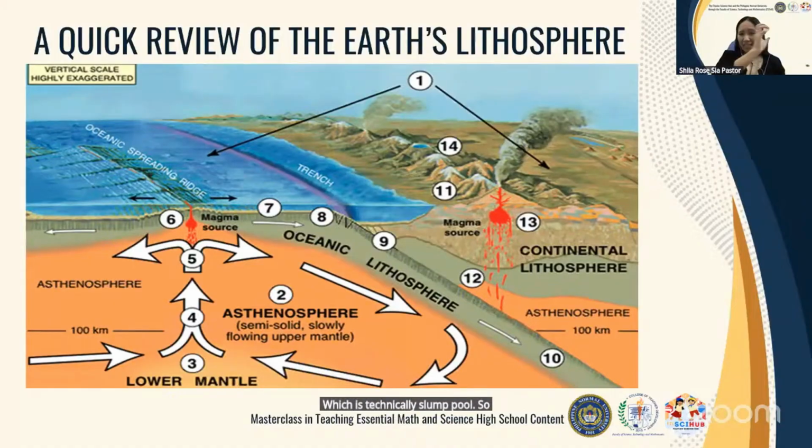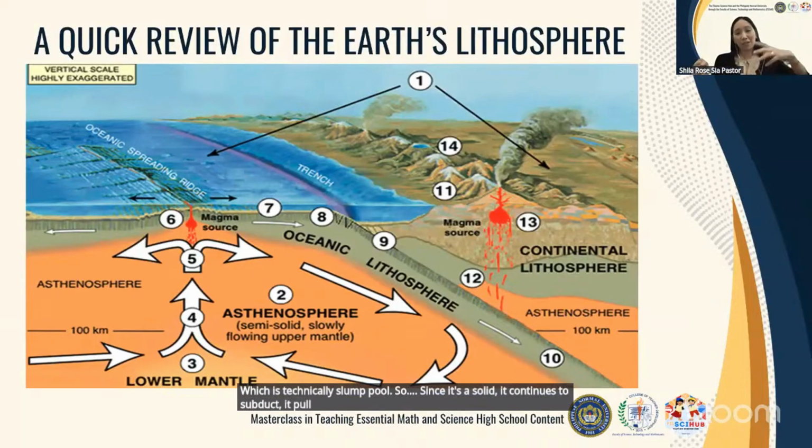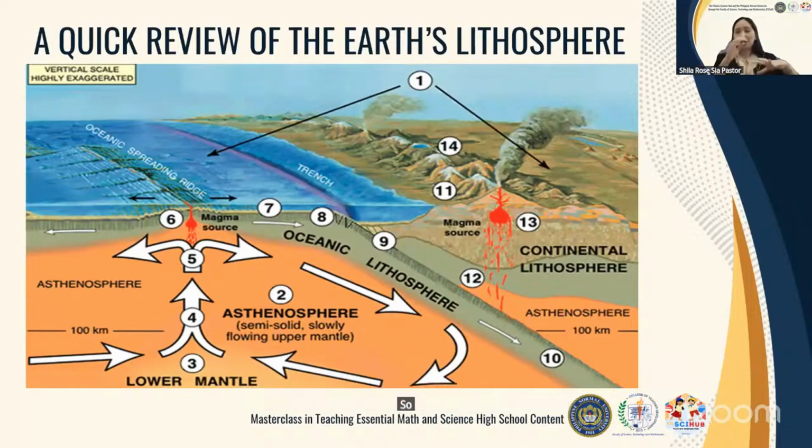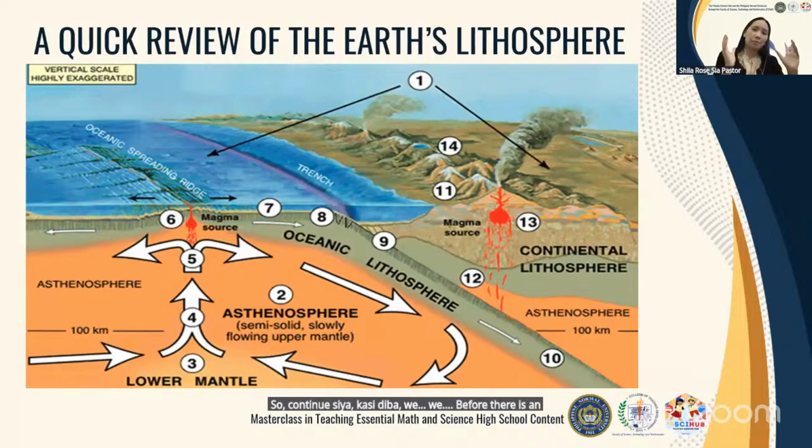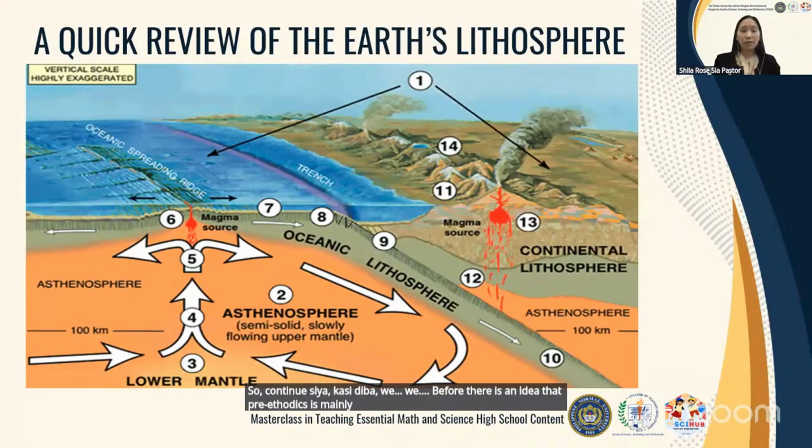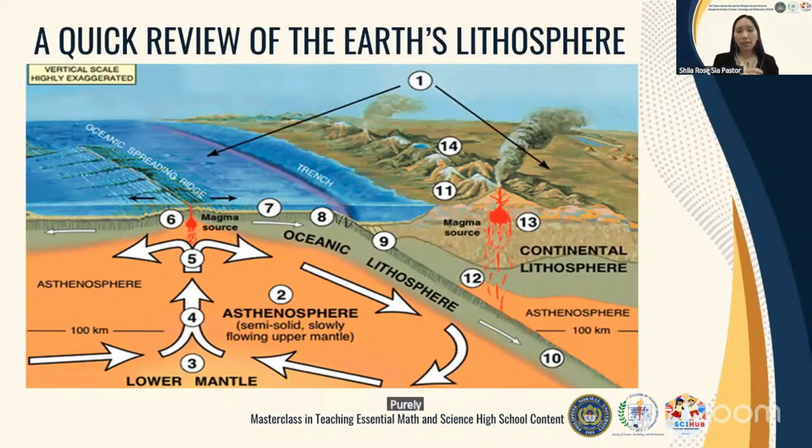Since it's still solid, it continues to subduct and pulls on the rest of the material. Before, there was an idea that plate tectonics is mainly driven by the convection current. It is not purely convection current. You need those additional two forces to ensure the movement of these plates.